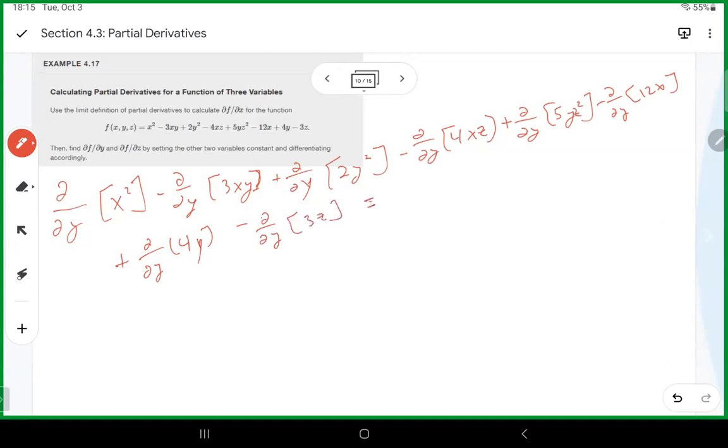Okay. So that's going to leave us with 0 minus 3x plus 4y minus 0 plus 5x. Nope, 5z squared. Minus 0 plus 4 minus 0. So that's going to work out to be just minus 3x plus 4y plus 5z squared plus 4.